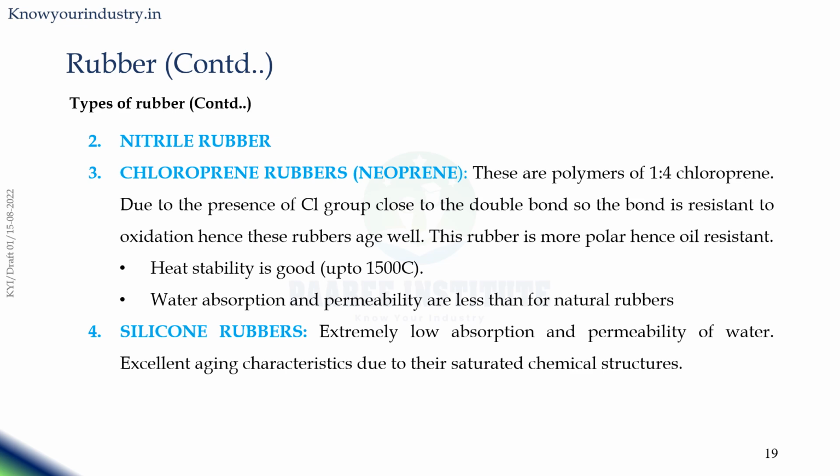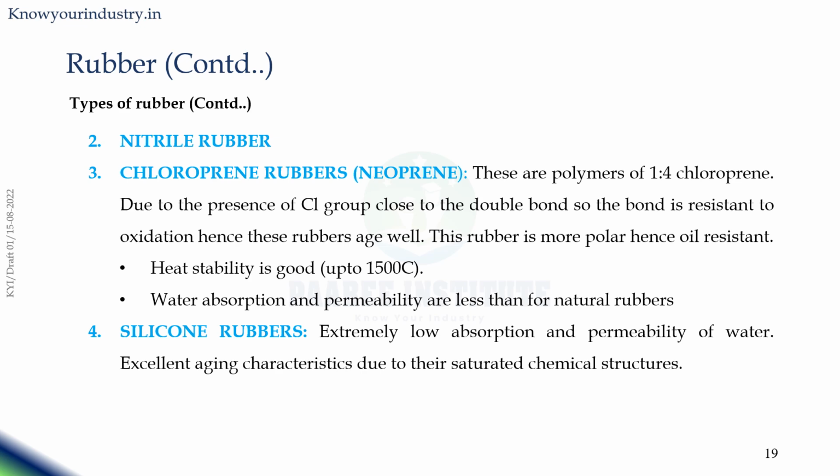And of course, there are a few other stoppers: nitrile rubber, chloroprene stoppers, and silicone rubbers. Chloroprene stoppers are polymers of 1,4-chloroprene, and due to the presence of the chlorine group close to the double bond, the bond is resistant to oxidation.